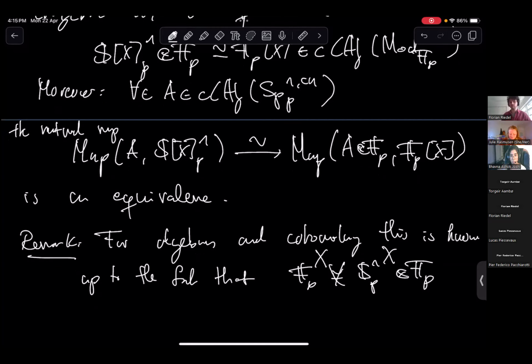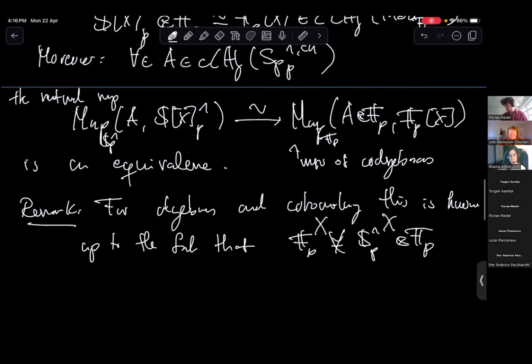But one thing to notice is that for coalgebras, there's no restriction of scalars, because that's only lax monoidal. So there's almost no ambiguity in which category a certain coalgebra is in. I'm just being lazy, so maybe I can write p-complete here and F_p here, but it's all in coalgebras.